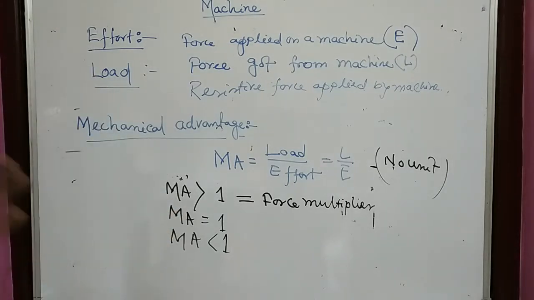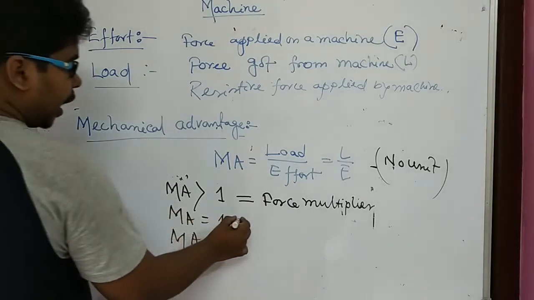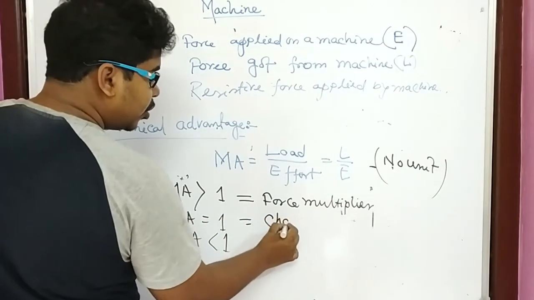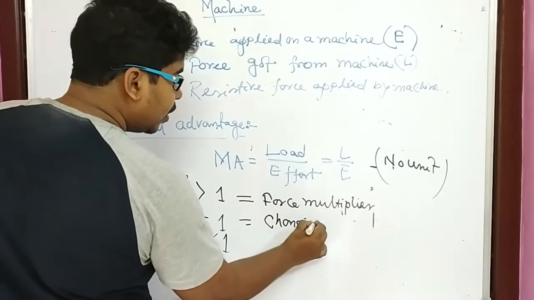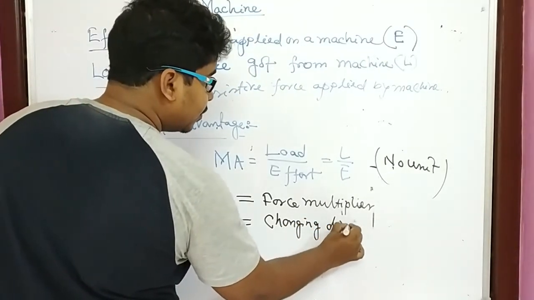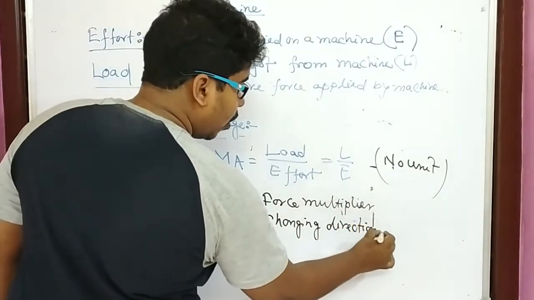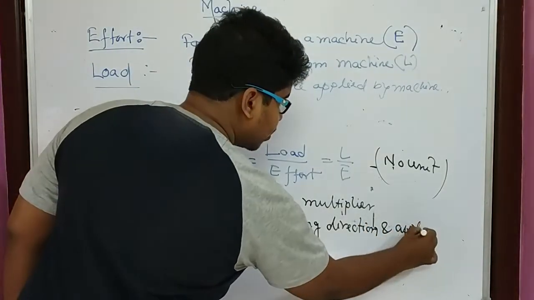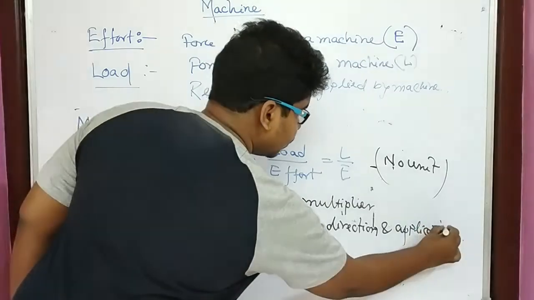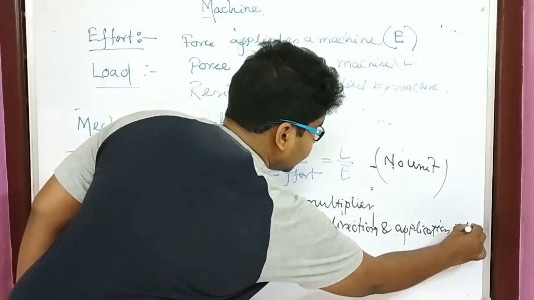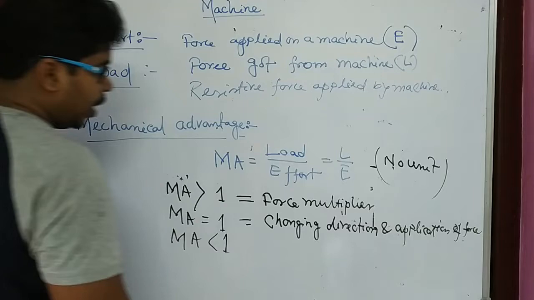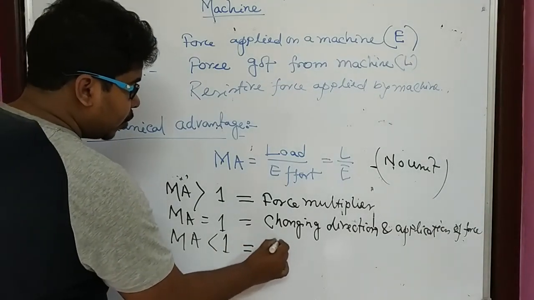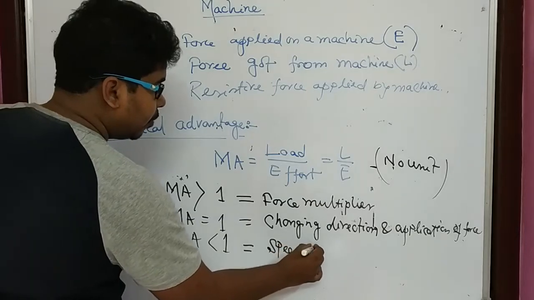What is a force multiplier? We have explained. Mechanical advantage equal to 1 is used for changing the direction or the application point of force. Okay. And mechanical advantage less than 1 is used as a speed multiplier.